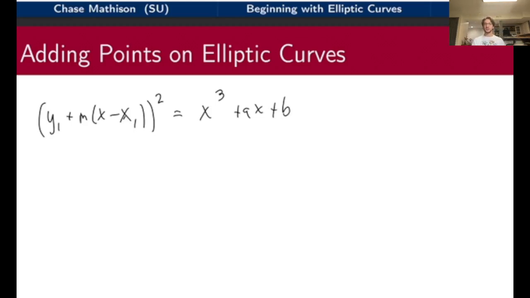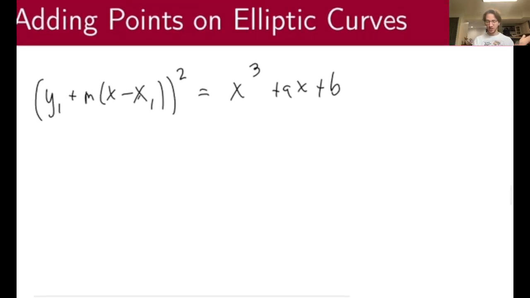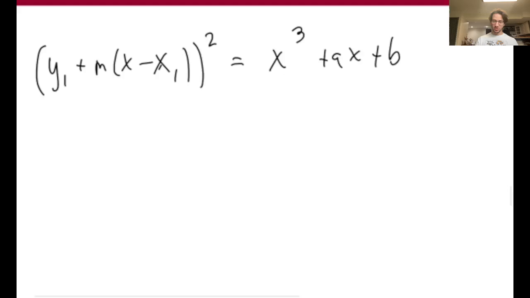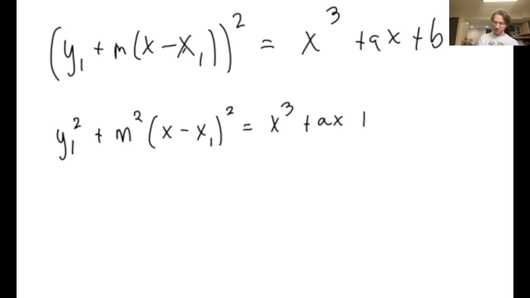And we want to solve this equation for x now. The only unknown is x; a and b, x1, y1, m, all those things are known. So to do this, let's expand the square on the left. It gives me y1 squared plus m squared times x minus x1 squared equals x cubed plus ax plus b.